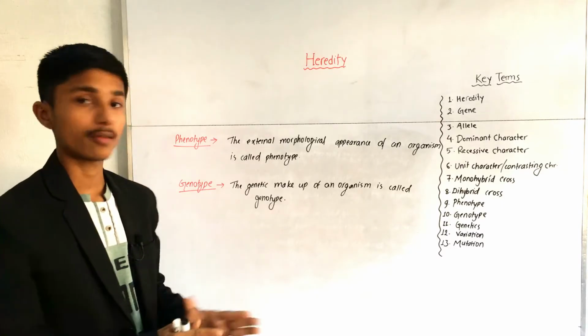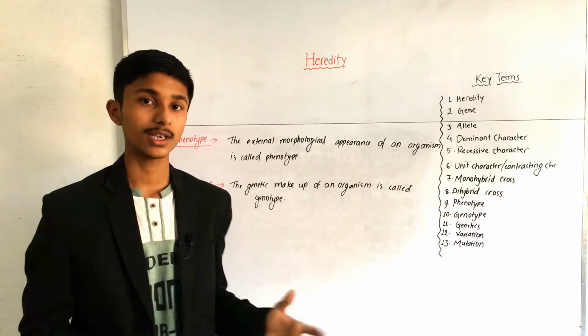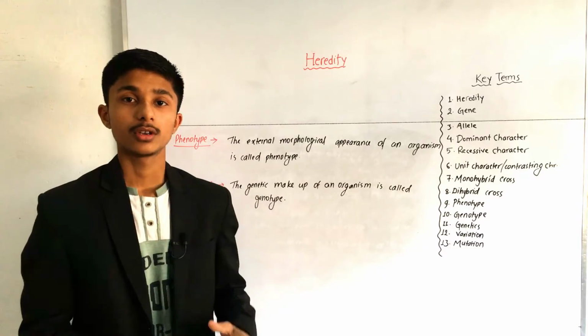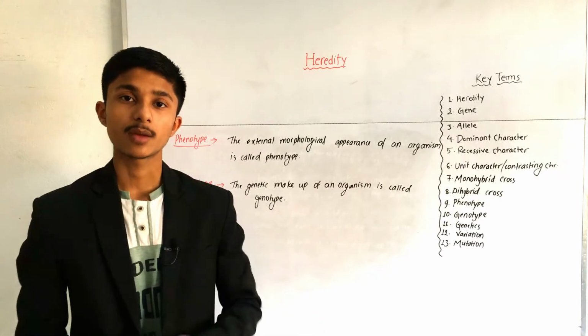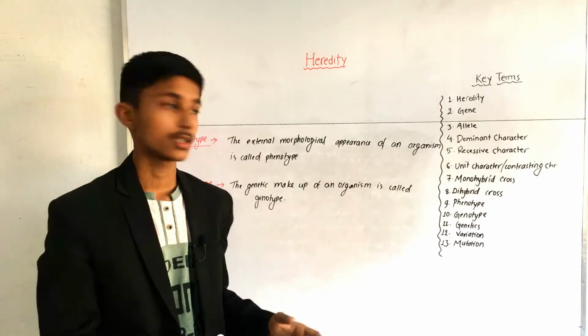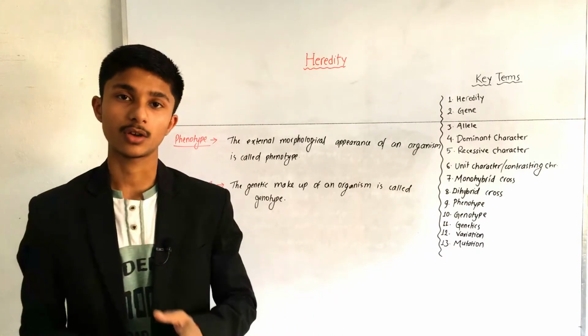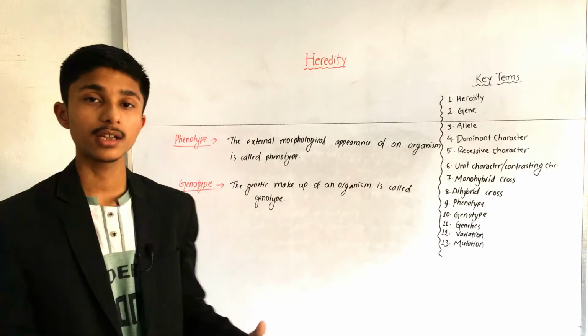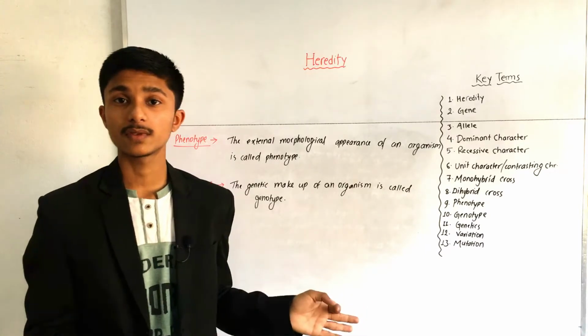Now we move to our next topic, that is genetics, variation and mutation. What is genetics? Genetics is a branch of biology that deals with heredity and variation of an organism. And what is variation?